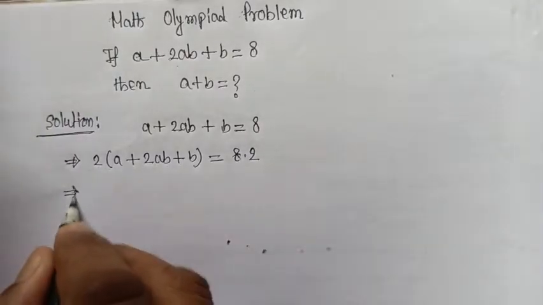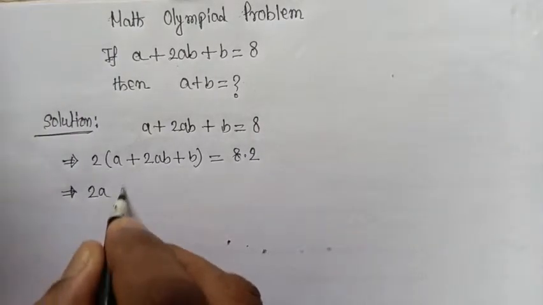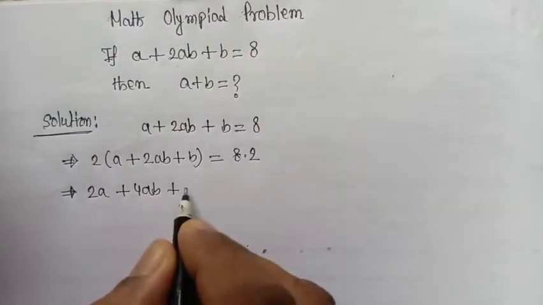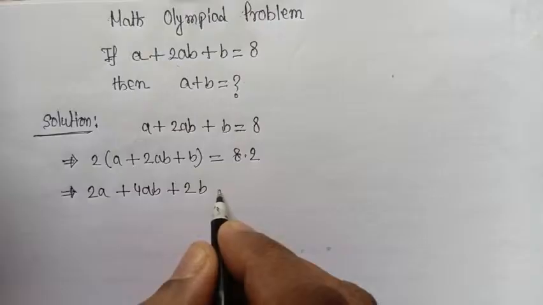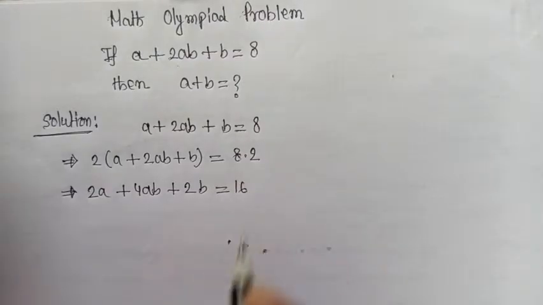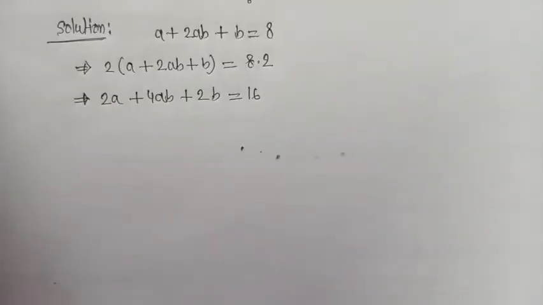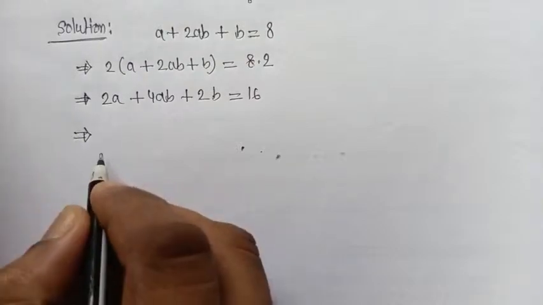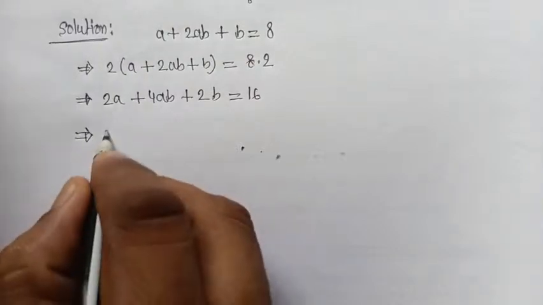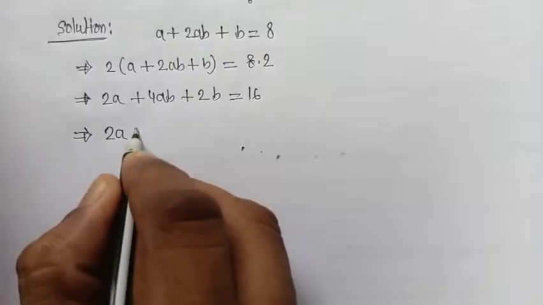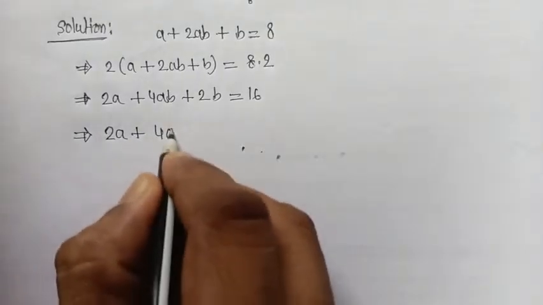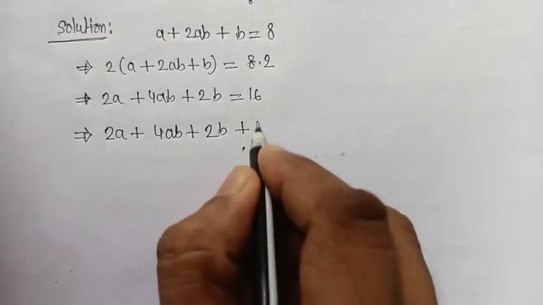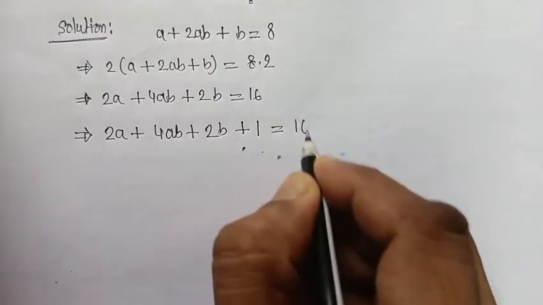Now we get 2a plus 4ab plus 2b equals 16. Now we add 1 to both sides, like this, plus 1.